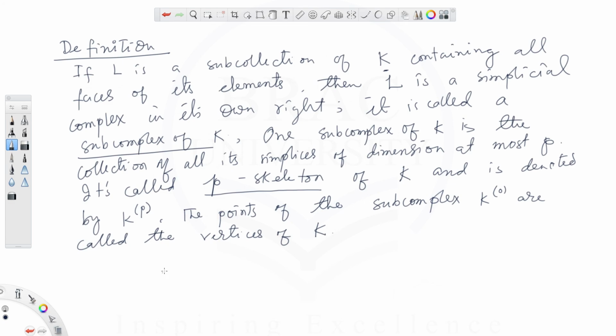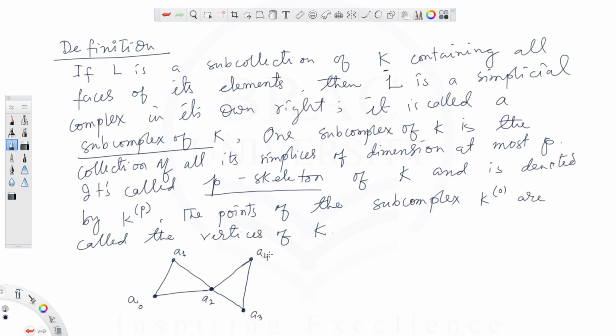Okay, so let's take a very simple simplicial complex, something like this. Two simplices intersecting at one vertex. This is a simplicial complex. Let's call these vertices A0, A1, A2, A3, and A4.